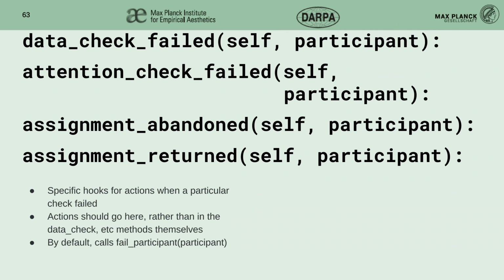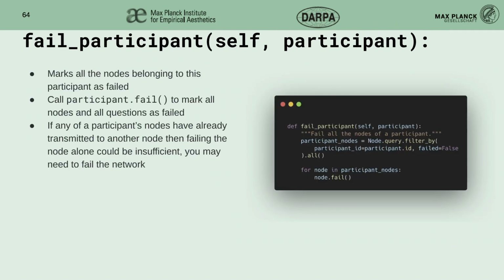You might want to do some special logic if somebody doesn't finish in time. A failed participant is the one that goes through and marks all the nodes as failed. So here is another place you might put some special logic for failing a network or failing downstream nodes if needed.